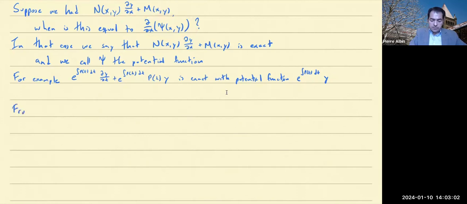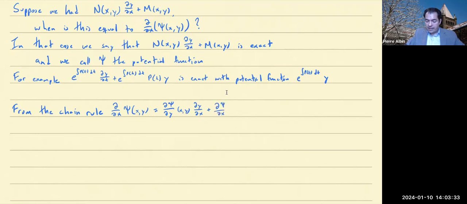From the chain rule, we know that the derivative with respect to x of psi(x,y), when we think of y as being a function of x, has derivative dpsi/dy of (x,y) times the derivative of y with respect to x plus dpsi/dx.